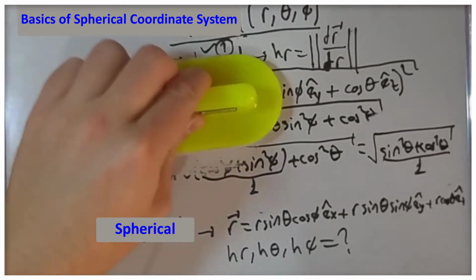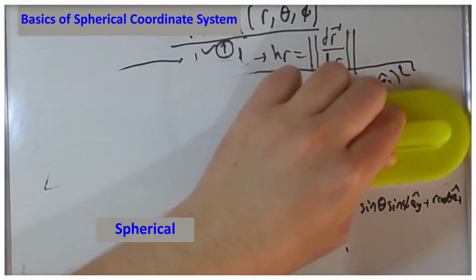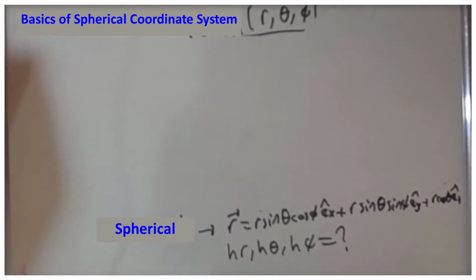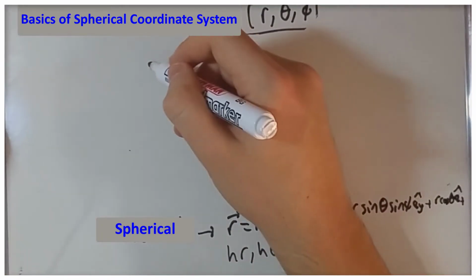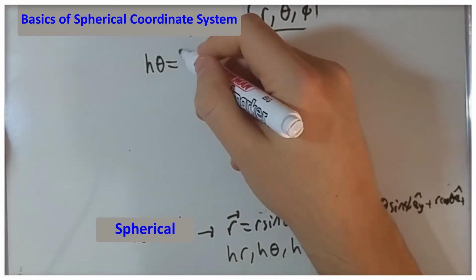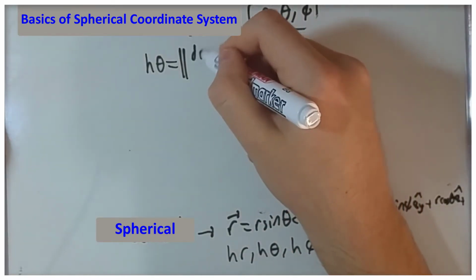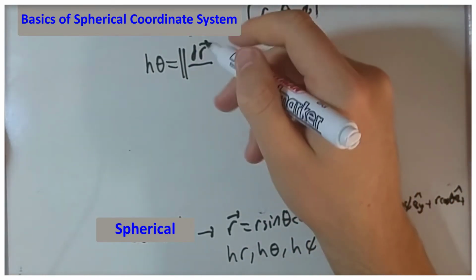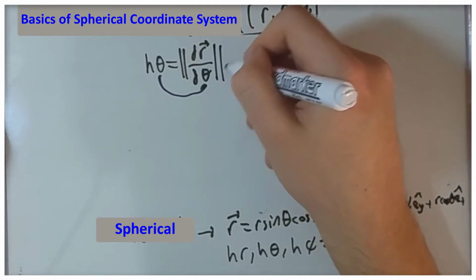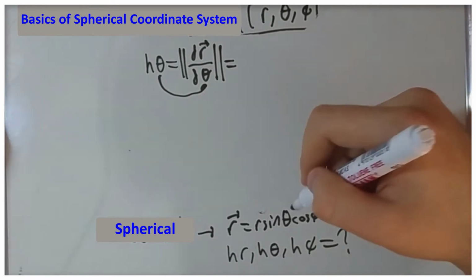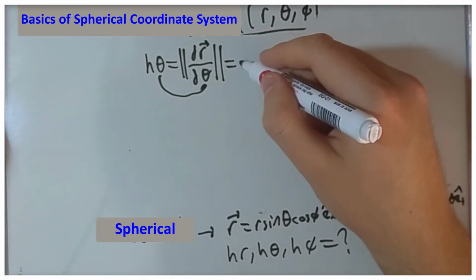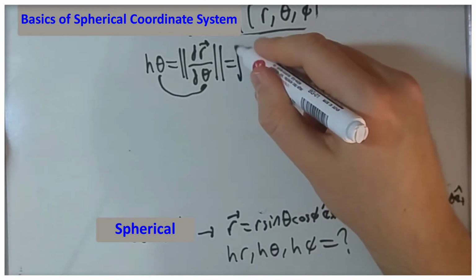Let's do the same to find H theta. What should I do again for H theta? I take the derivative of dr accordingly. First of all, I take the derivative according to theta. First of all, I'll write this directly to fill it in.